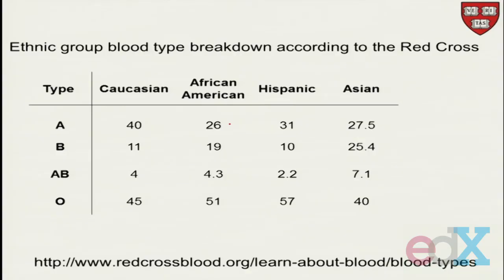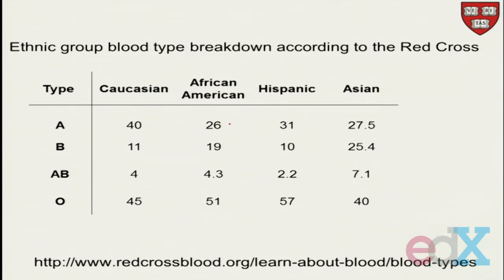The nice thing about bar charts is that we can put them side by side when we're looking at different groups. So for example, the Red Cross continues to break things down by ethnic group, and they use 4 groups, and we see the distributions for all 4 groups.